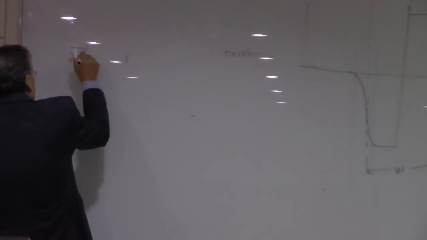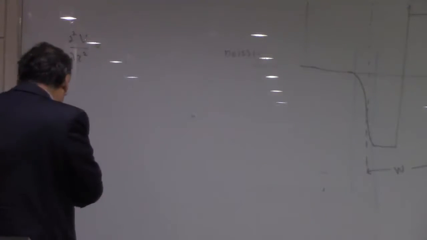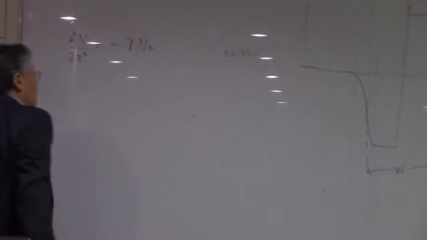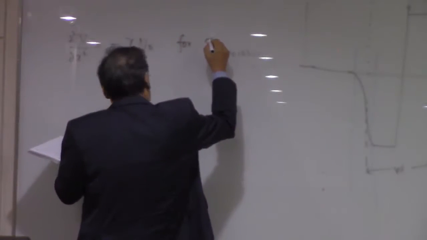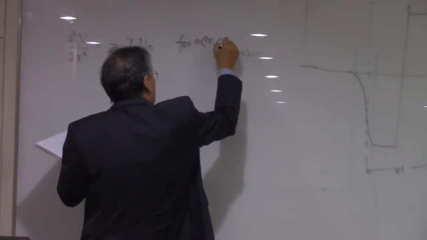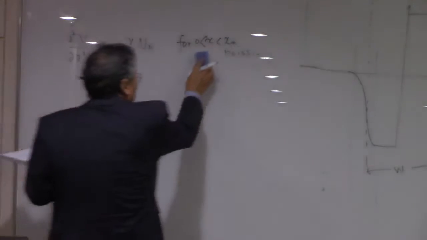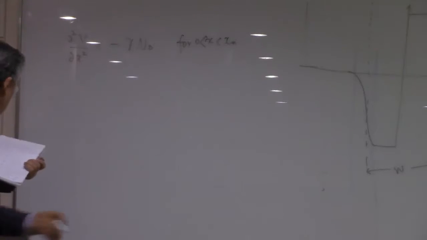Now, according to Poisson's equation, the second derivative of potential should be related to the charges, and that is going to be the ND, the donor concentration. Okay? That's simply Poisson's equation.